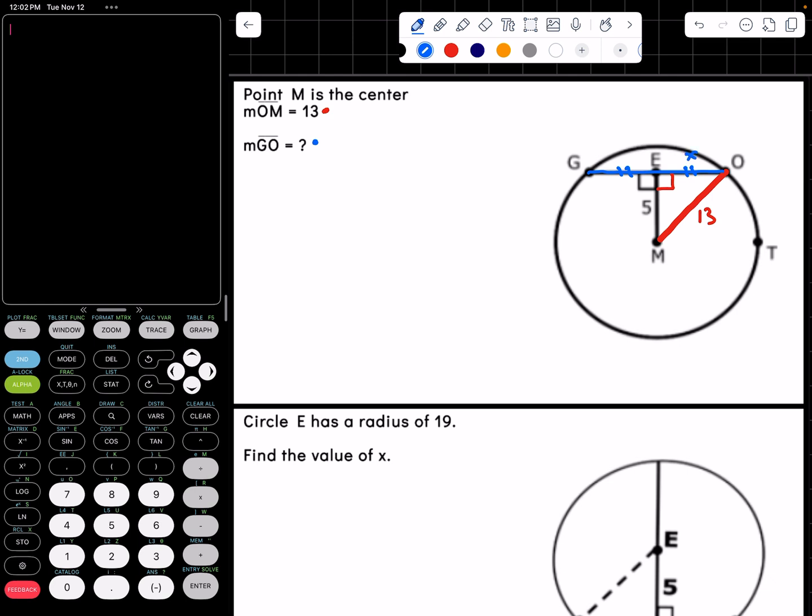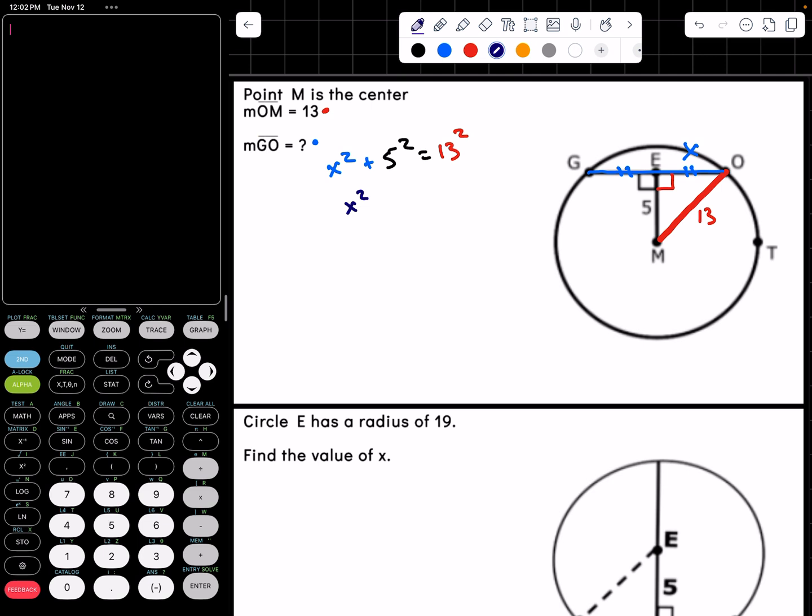So by solving for X, X squared plus 5 squared equals 13 squared. Once I figure out X, I can multiply it by 2 because I have two of them to figure out what GO is. Okay, so let's start out.